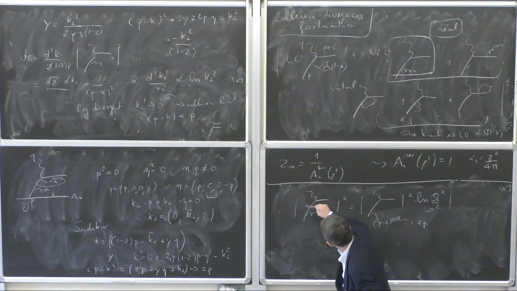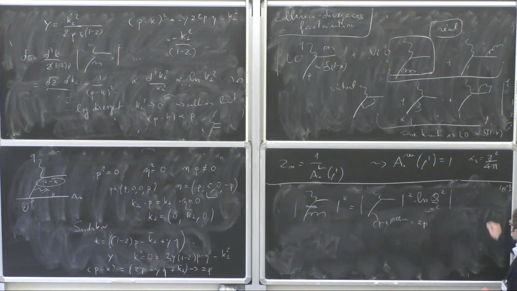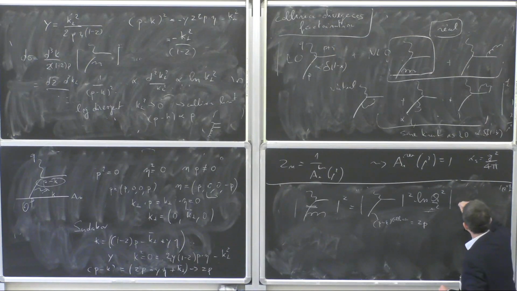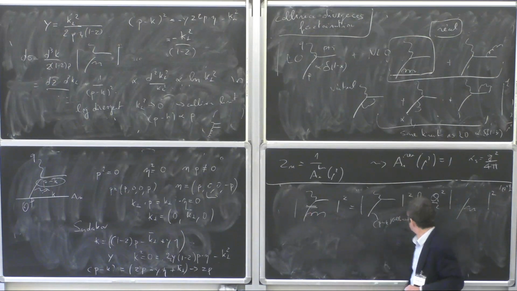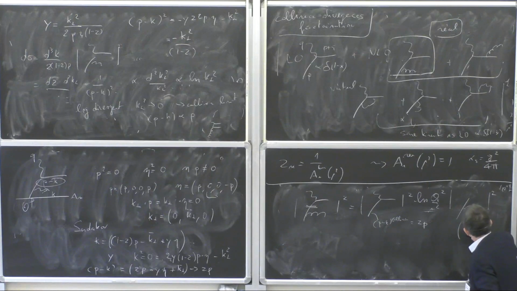So I'm splitting this line here, times the cross-section for this process here, modulo square. So what I'm saying is that in the collinear limit, and this is true up to corrections that are of order 1 over q square, so power suppressed corrections, say mu square over q square.